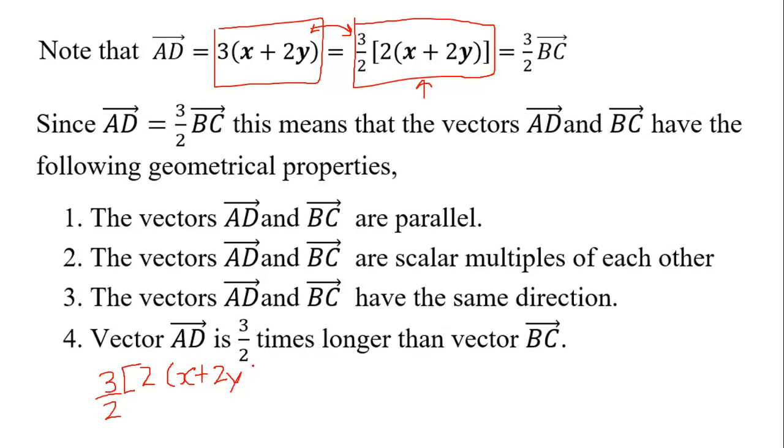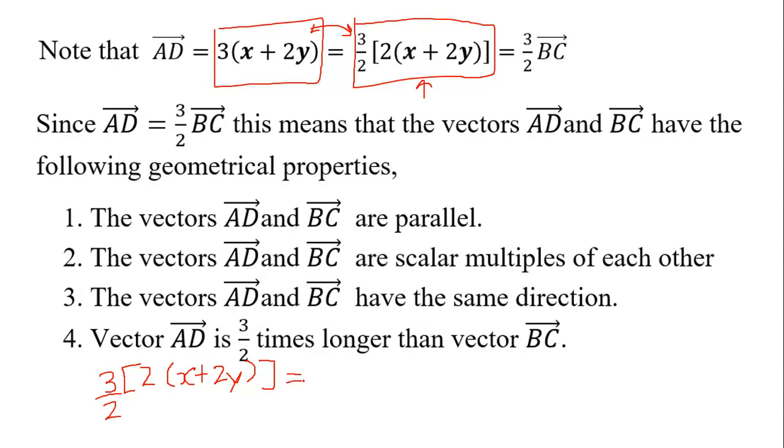Notice that 3 over 2 is next to the bracket, so this is not saying 3 over 2 multiplied by just 2. It's saying 3 over 2 multiplied by this entire expression, 2 times x plus 2y. And so let us do that.